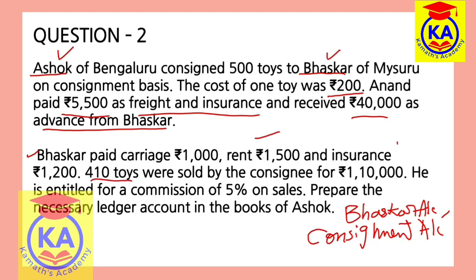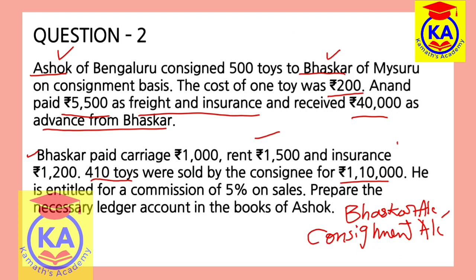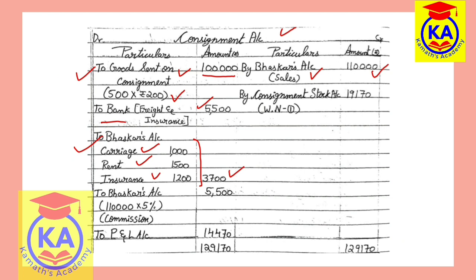410 toys were sold by the consignee for rupees 1,10,000. So by Bhaskar's account, in bracket, write sales 1,10,000. He is entitled to commission of 5% on sales. So commission is 5% on sales.